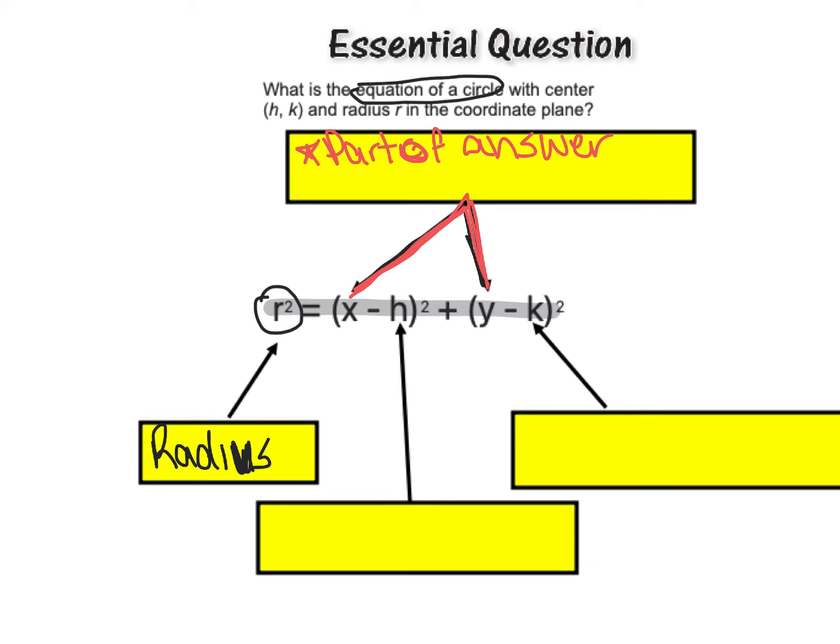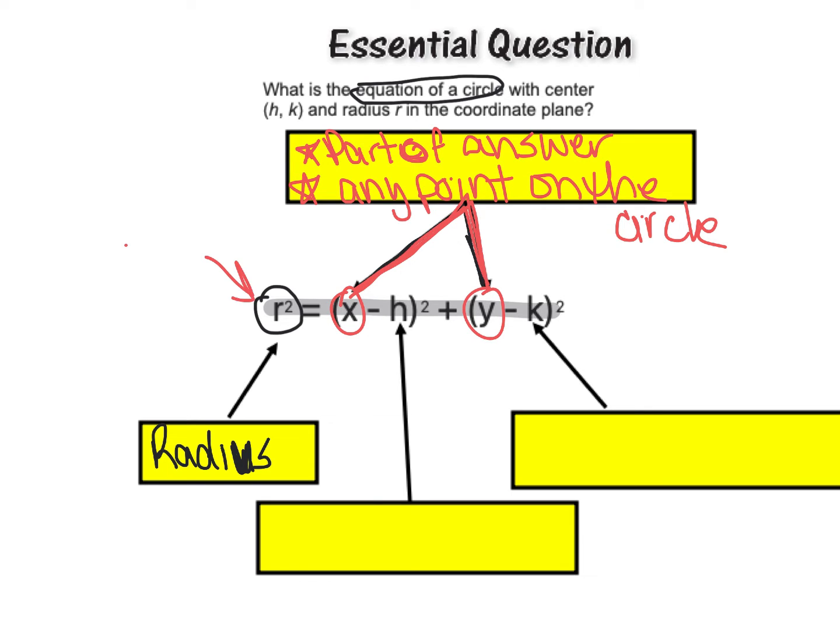So there's not going to be numbers for x or for y, and x and y just represent any point on the circle. When we are all done, there will be an x and there will be a y. Those will not be numbers. The radius, that's going to be a number.